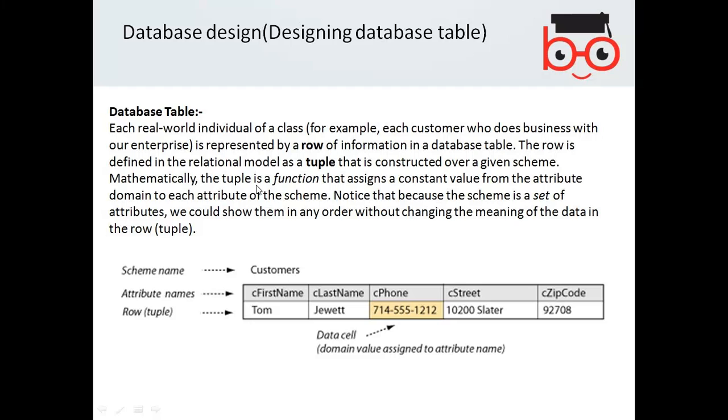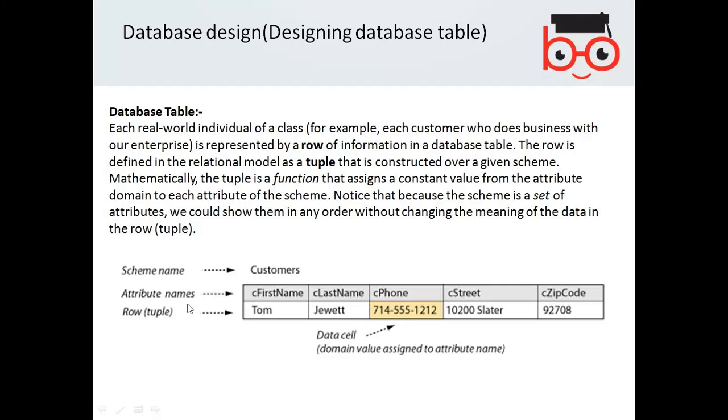Mathematically, a tuple is a function that assigns a constant value from an attribute domain to each attribute of the scheme. Notice that because the scheme is a set of attributes, we could show them in any order without changing the meaning of the data in a row. For example, if you wanted to show only the first name and the zip code, then you can pick only particular values without affecting the structure of the database.